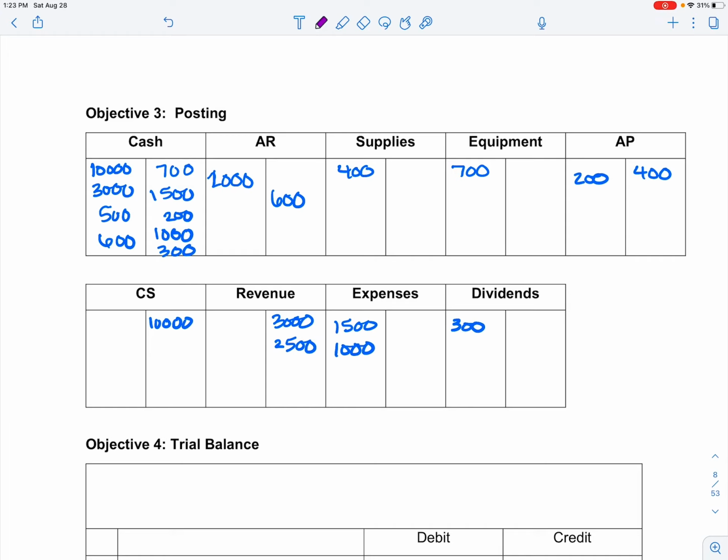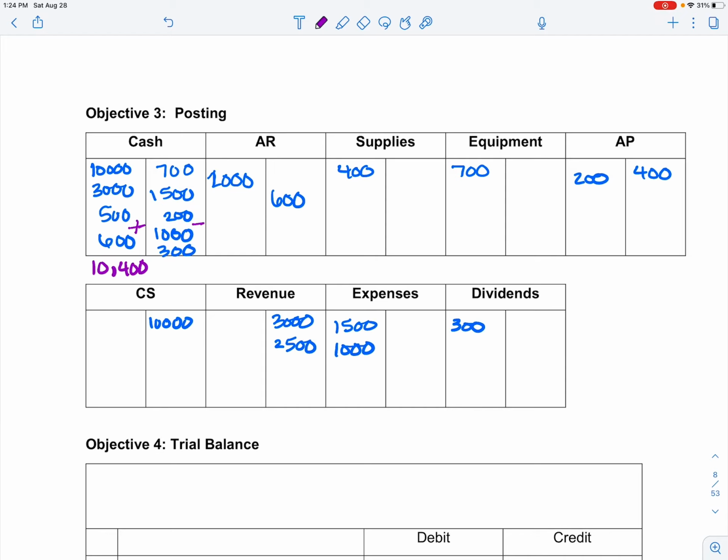So like cash, we see some debits and credits, but I know cash has a normal debit balance. So I'm going to add up all my debits, subtract my credits. I should end up with something on the debit side. And that amount is 10,400.